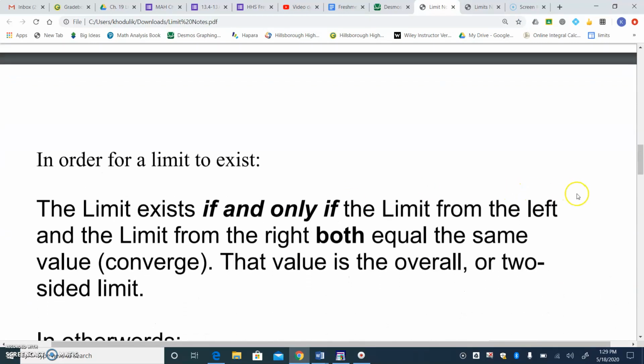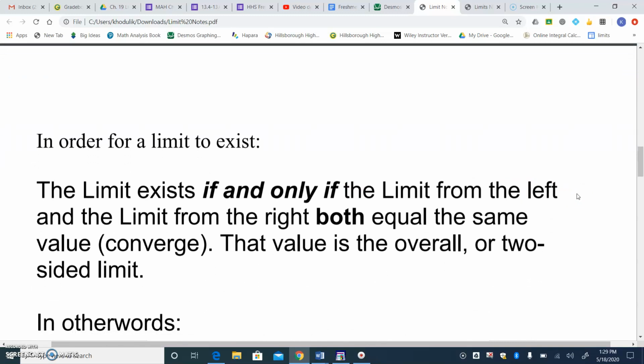So I mentioned this briefly already in explaining the example, but the limit exists if and only if the limit from the left and the limit from the right both equal the same value, meaning they converge to one another.